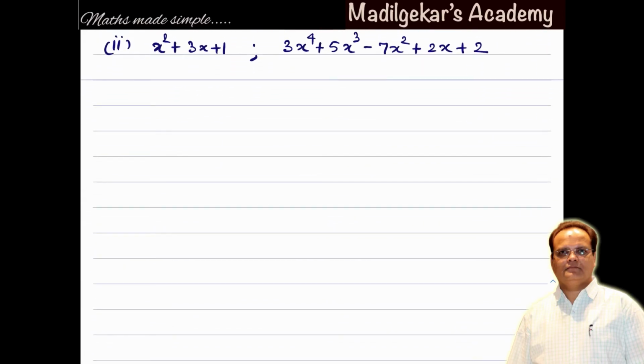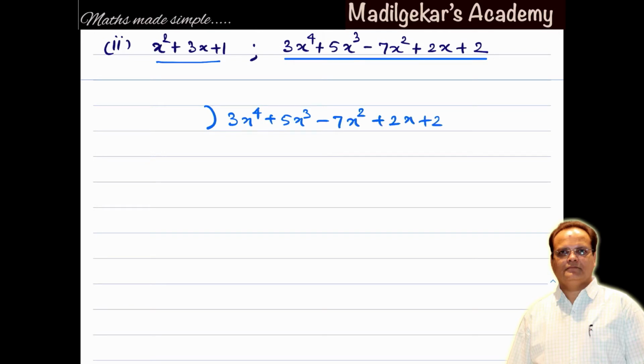Second bit. Here the first polynomial is quadratic, whereas the second polynomial, the dividend, is of degree 4. So divide 3x raised to 4 plus 5x cube minus 7x square plus 2x plus 2 by x square plus 3x plus 1.